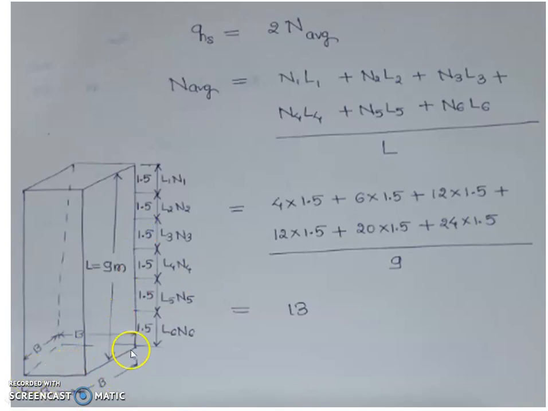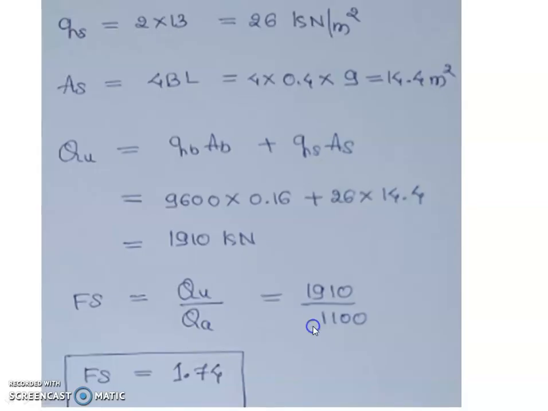So AS will be 4 times width of the pile, that is B, into the total length of the pile, that is 9 meter. So substitute the value of B and L over here. So 4 into B is 0.4 into L is 9. We get AS as 14.4 square meter.